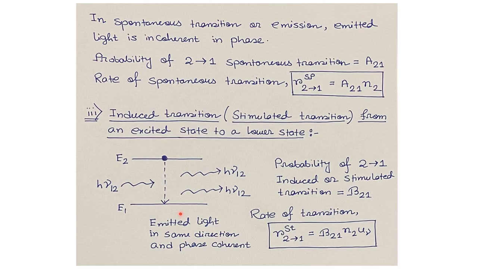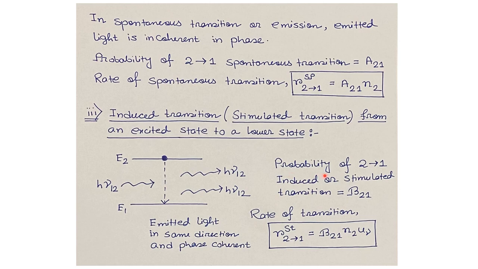As a result, we get released energy equal to h nu 12. So effectively, we apply a single photon with energy h nu 12, and after de-excitation of the atoms we get two photons with the same energy h nu 12, and the emitted light will be in the same direction and phase coherent.